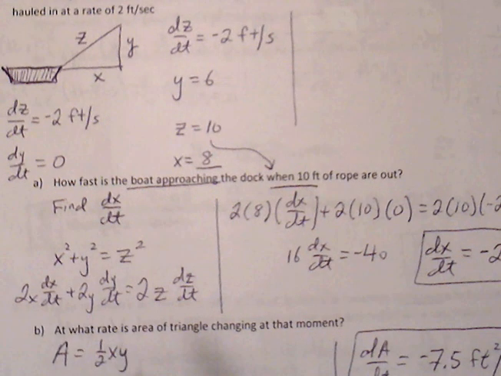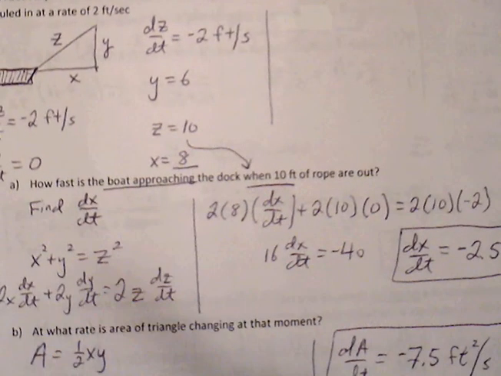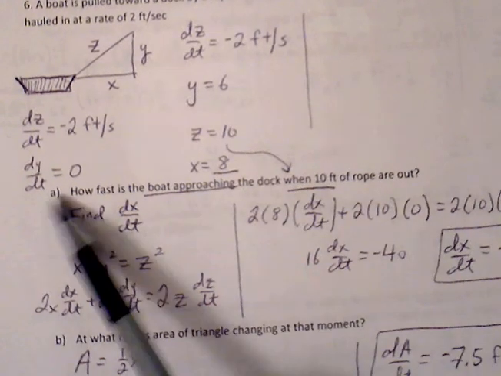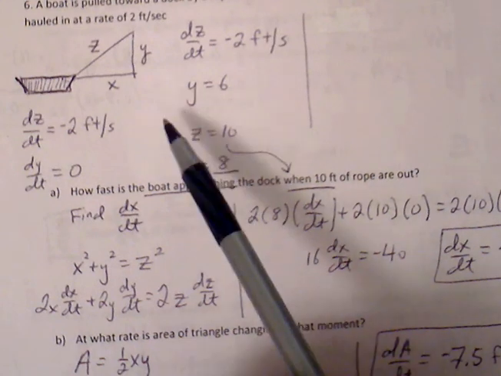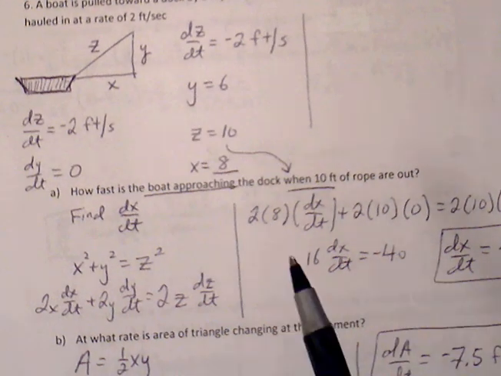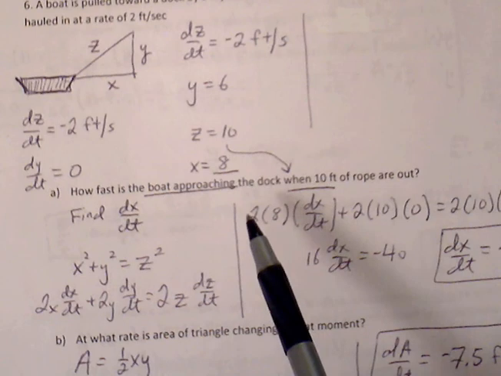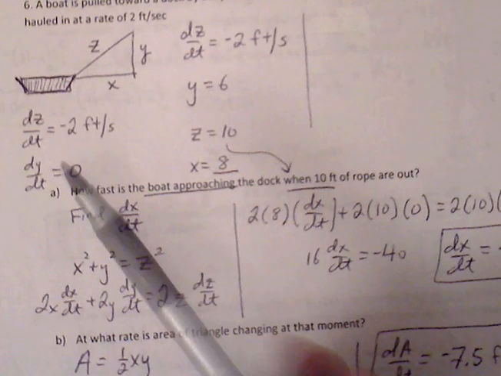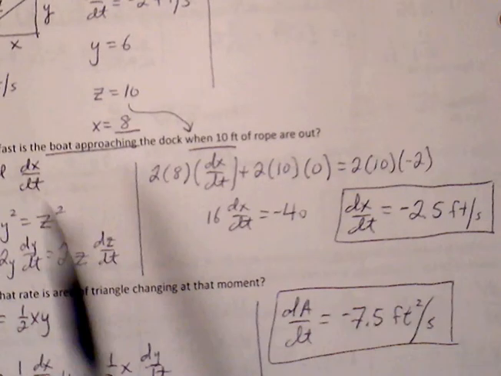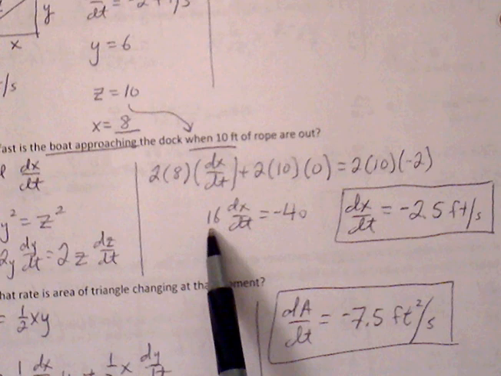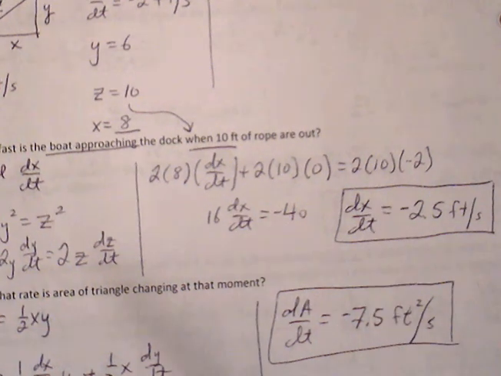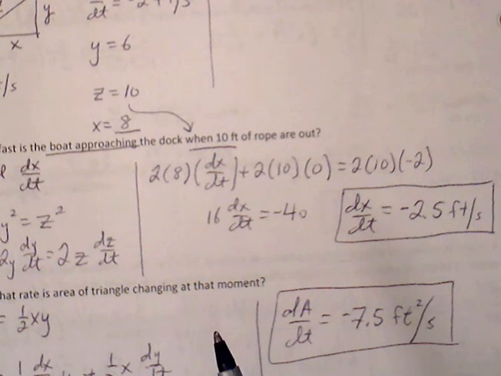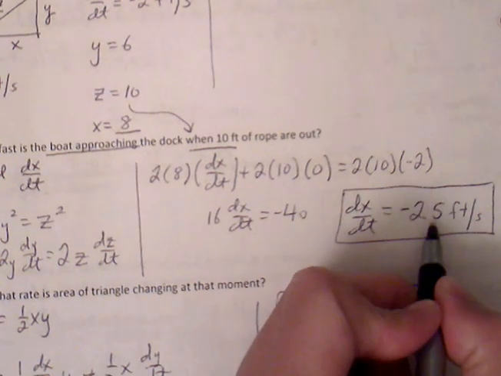We find the derivative, and then we replace x, y, and z with 8, 6, and 10, and dy/dt is 0 because the distance between the water and the dock is not going to be changing. To find the x value, we go through the Pythagorean theorem. So now we have everything that we need to plug in. 16 dx/dt, plus 0, is equal to negative 40. Solve for dx/dt, we get negative 2.5 feet per second.